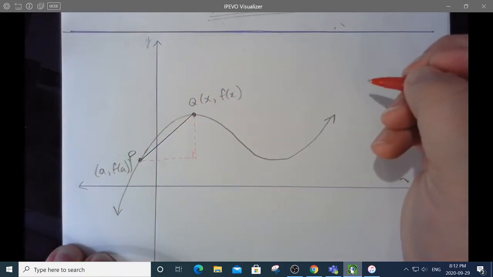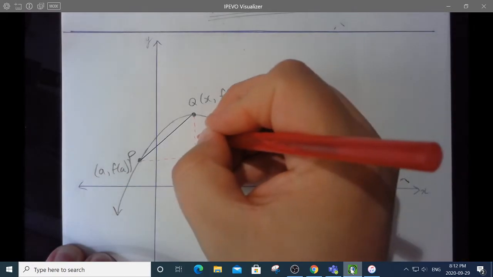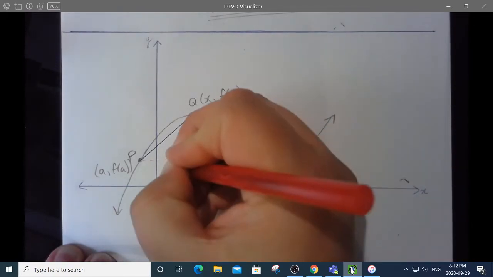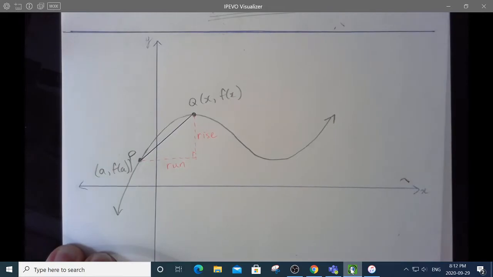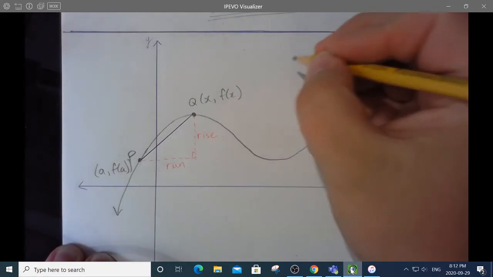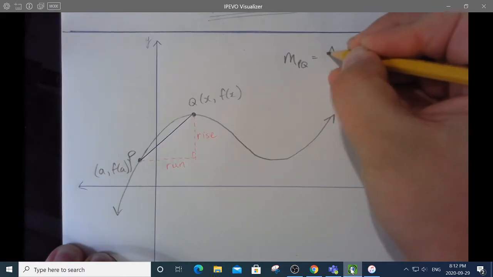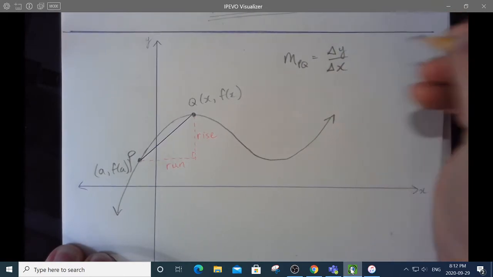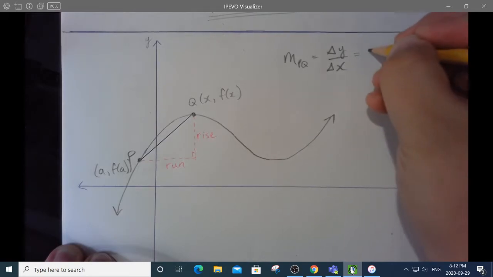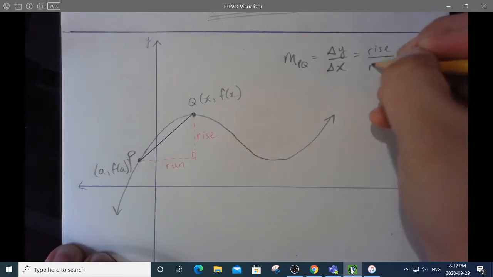Do you remember what you called that back in grade 9 or 10? You called it the rise divided by the run. So let's remember that the slope from P to Q could also be considered the change in y over the change in x, which is also, of course, known as the rise over the run.